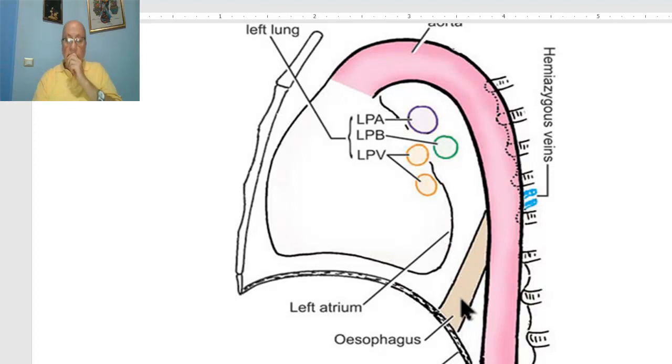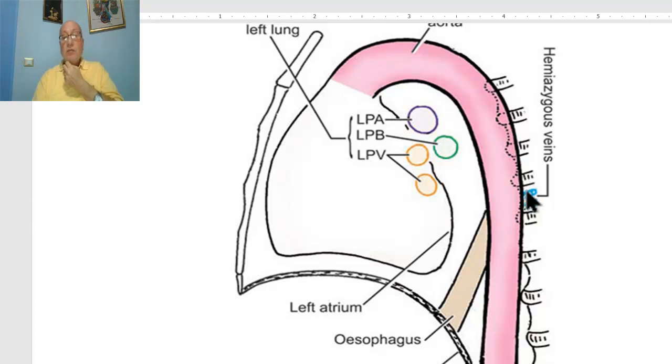Then the esophagus. Finally, the esophagus crosses the aorta, passing in front of the aorta to reach its opening in the diaphragm, which is the esophageal opening, and the terminal part of the descending aorta is related to the diaphragm.